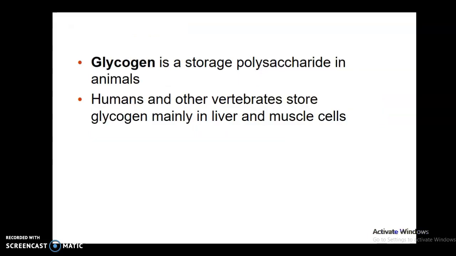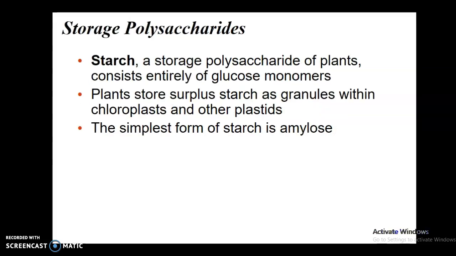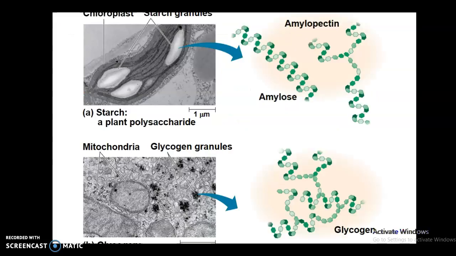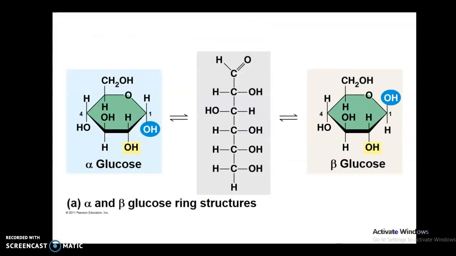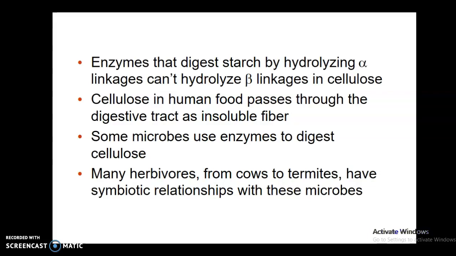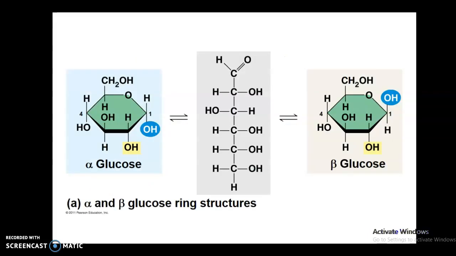Glycogen is converted from glucose into a storable form in the liver. Starch is another form of a carbohydrate that is stored, oftentimes in plants. And the polysaccharide cellulose can't be digested by people, and that's the main one for plants. And enzymes can break these down, but not cellulose.